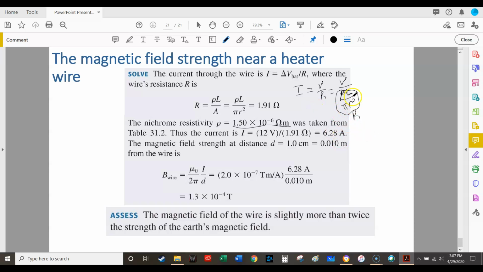So that's going to be the pi r squared part. And that's how they got the current for this.